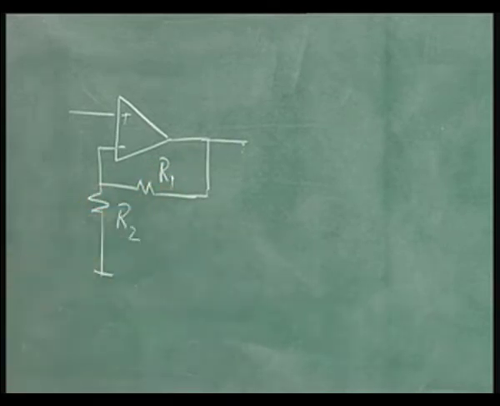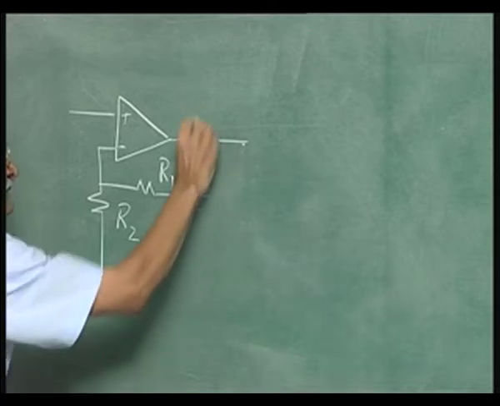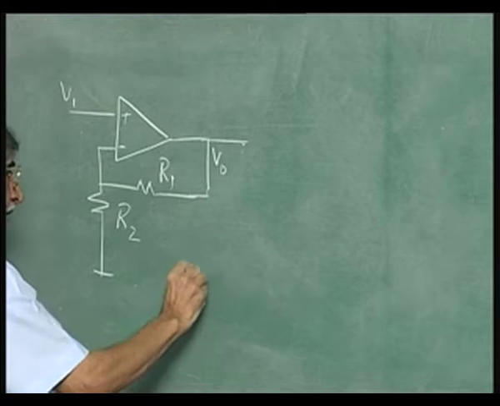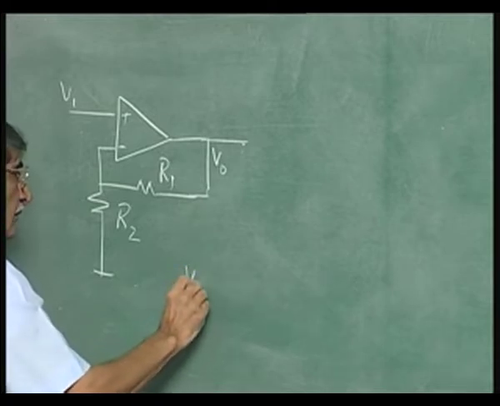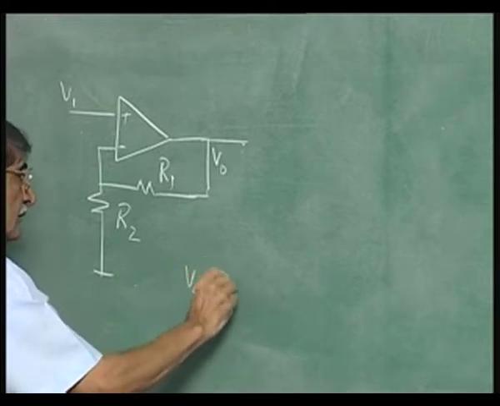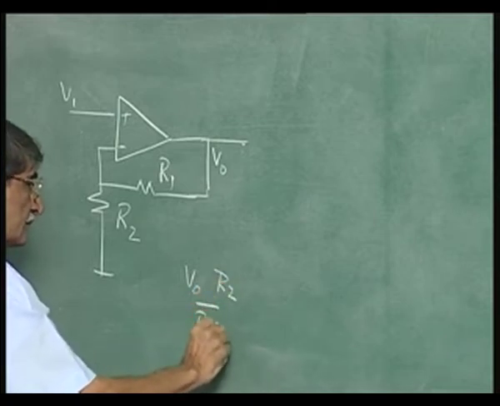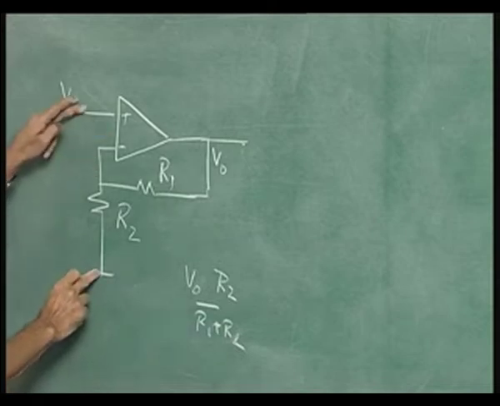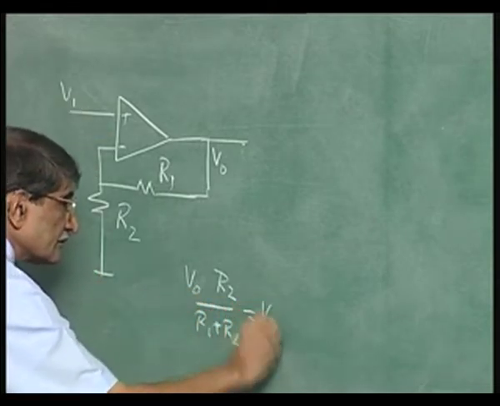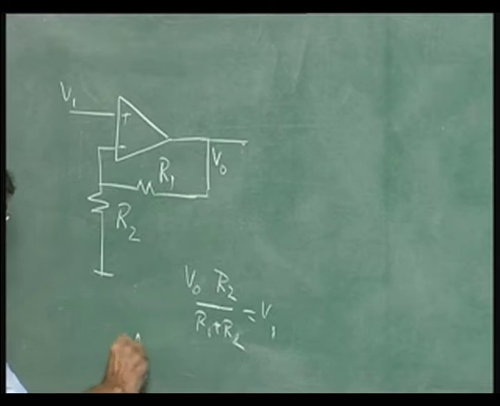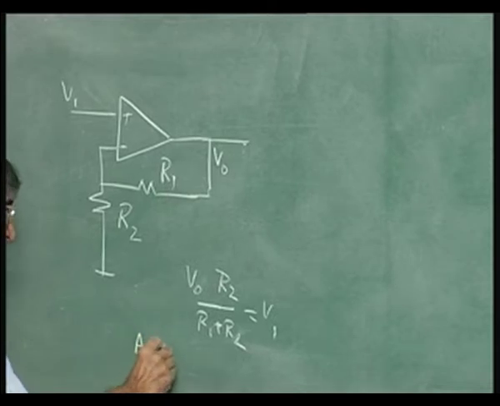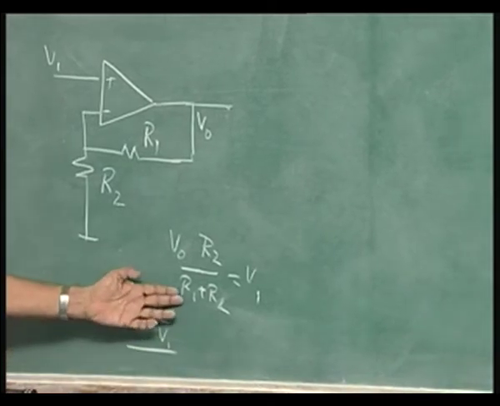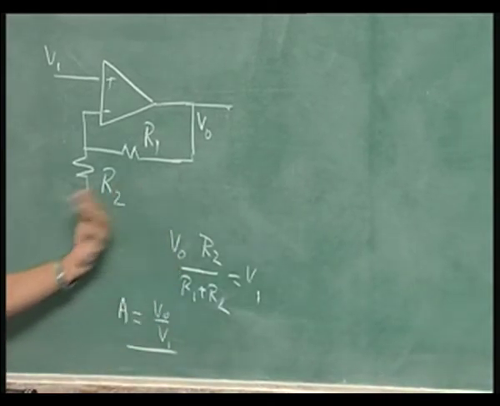The ratio is such that, say for example, this is V naught, this is V in V1. V naught into R2 divided by R1 plus R2, that is the voltage here, that is equal to Vn. So, you have got A is equal to V naught by V1, which is nothing but 1 plus R1 by R2.